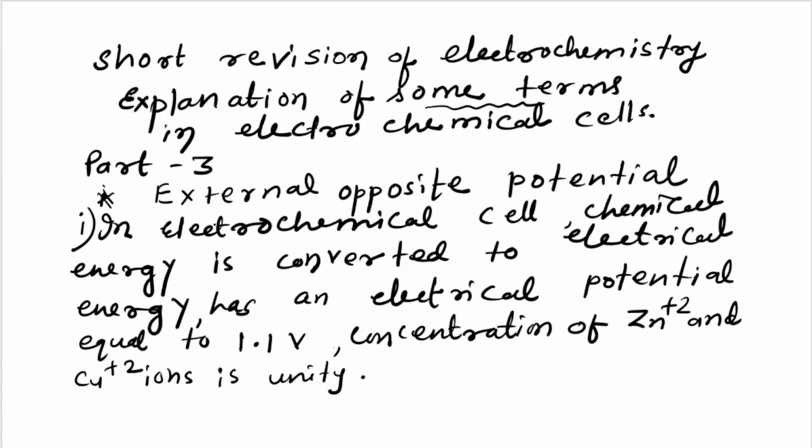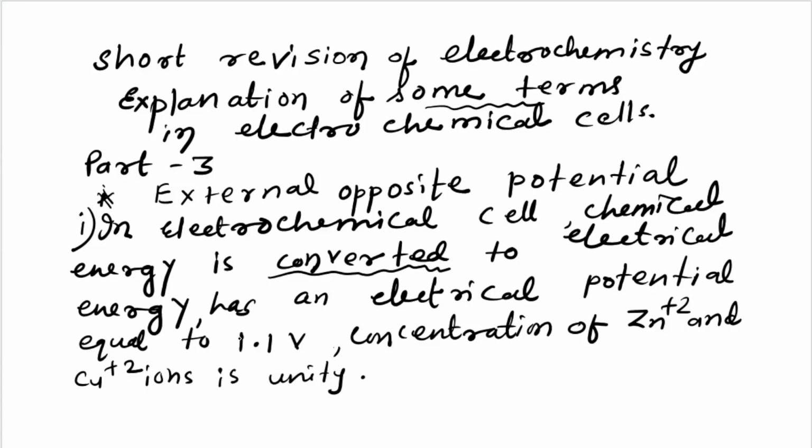What is meant by external opposite potential? Actually, in an electrochemical cell, chemical energy is converted to electrical energy. I hope you know that, and that is equal to an electric potential of 1.1 volts. The concentration of Zn2+ and Cu2+ ions is unity.